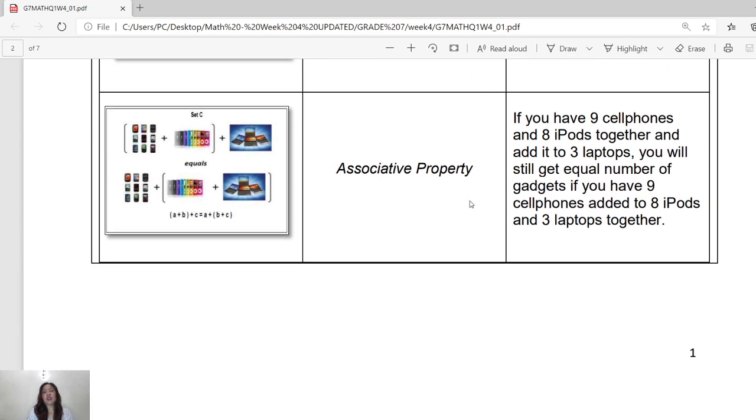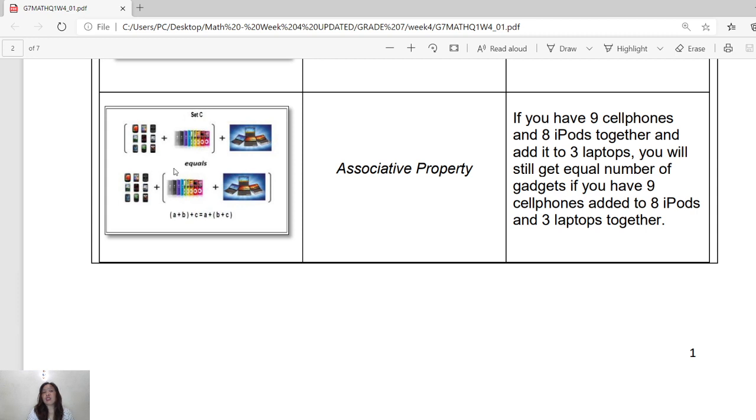Okay. Next, for the associative property, this is changing groups, regrouping. The first group is cell phones plus iPods plus laptop.